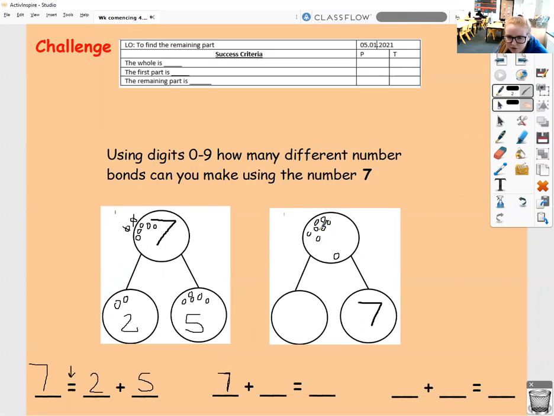So 1, 2, 3, 4, 5, 6, 7, 8. This time I'm going to make my whole 8. My first part is 7, and that means my remaining part is 1. Fill in my number sentence. So my first part is 7, my remaining part is 1, and my whole is 8 up here.